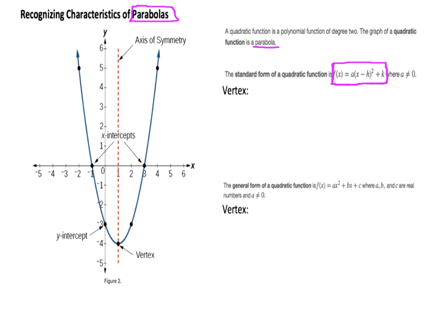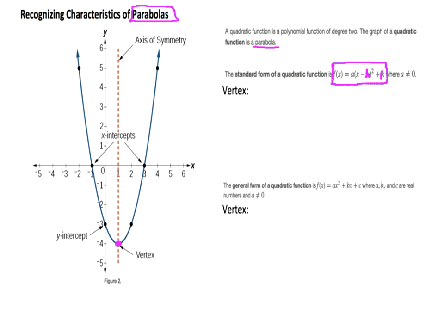Now, this is a very helpful form to have a quadratic function in, because in this form, your vertex, which is the highest or the lowest point on the parabola, shows up right here.